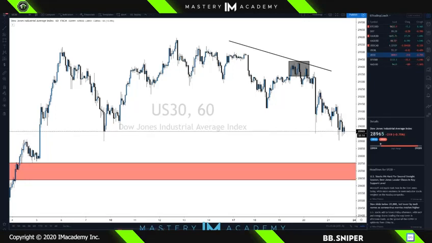These are all common brands that most of us interact with on a daily basis, at least one of those brands that I just listed. And of course, there are a few more companies. I didn't name all 30. It's very easy to find the 30 different companies that make up the Dow Jones.